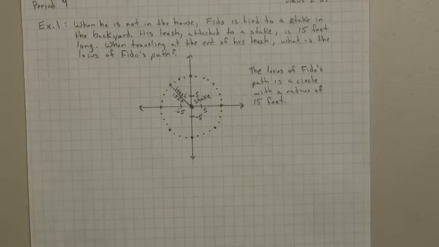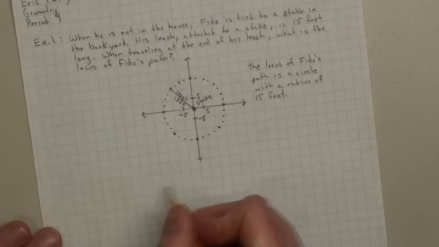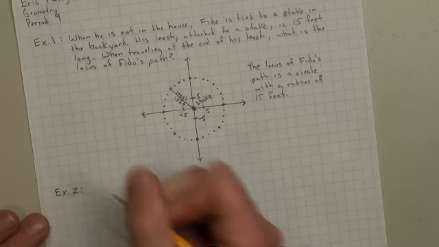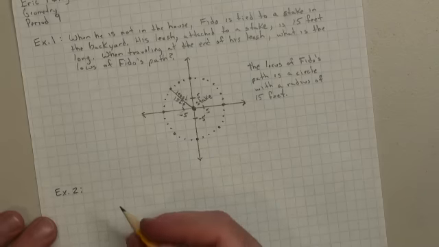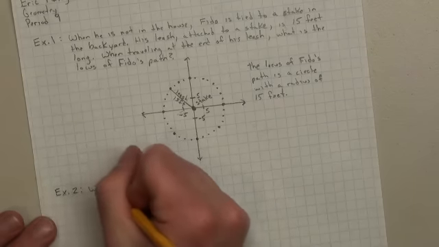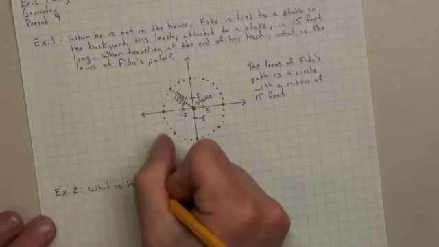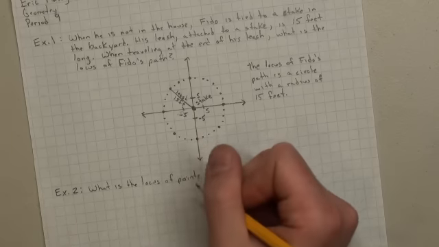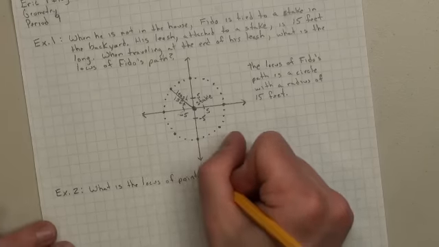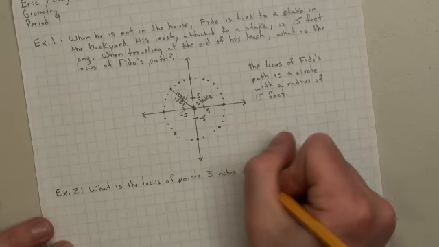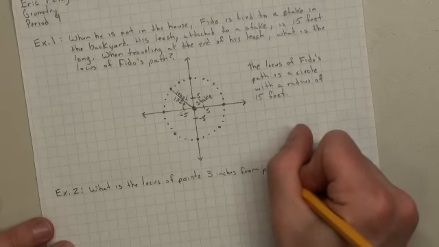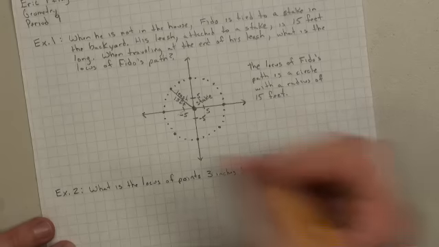Let's look at another example. So just skip a line. Example 2. What is the locus of points three inches from point B?